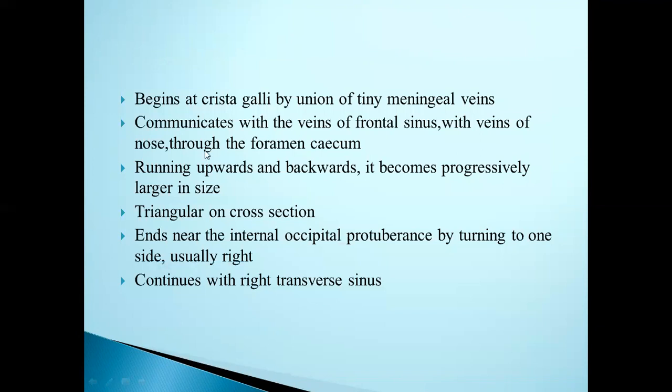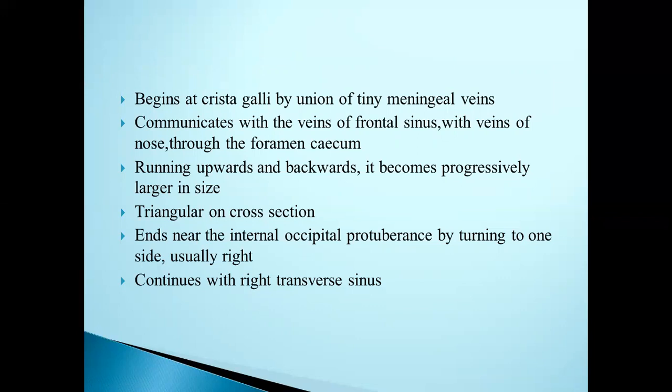It begins at the crista galli, that is part of the cribriform plate of bone. It is formed by the union of tiny meningeal veins, and it communicates with the veins of the frontal sinus and the veins of the nose through the foramen cecum. It runs upward and backward, so it becomes larger in size.